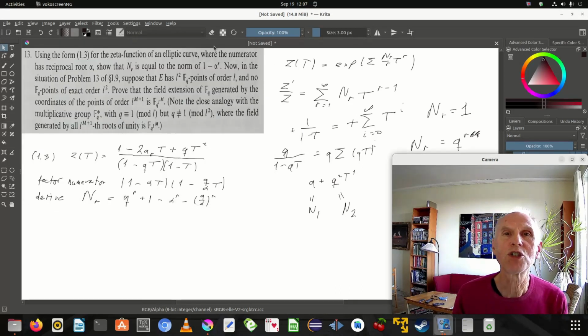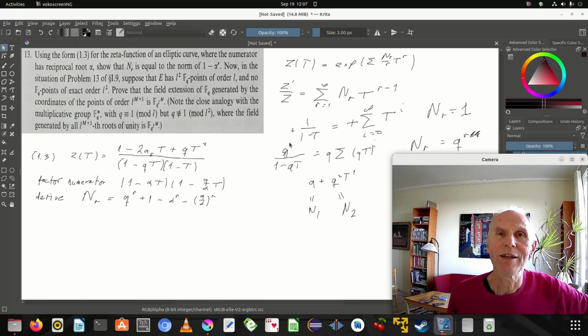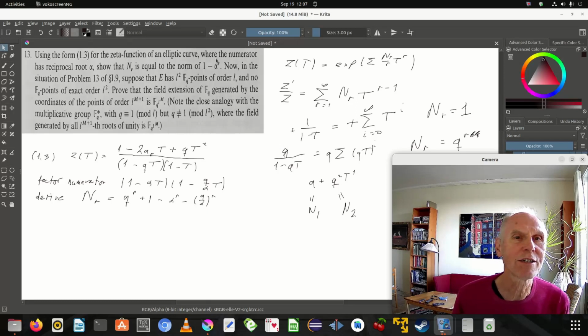I've just had lunch, and at the beginning of the lunch it occurred to me that I hadn't answered this question, that nr is equal to the norm of 1 minus alpha to the rth.